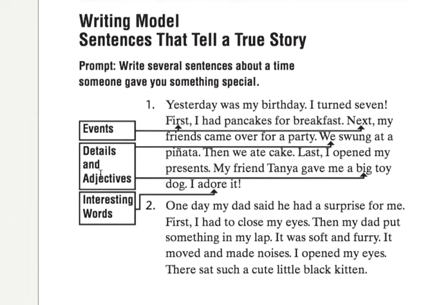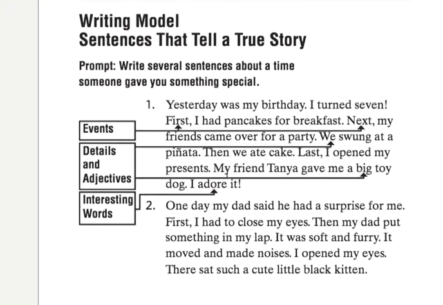Details and adjectives. So we want to know, are we told a little bit of extra information in a sentence? Next, my friend came over for a party. We swung at a piñata. So that's a detail right there because it told what they did at the party. Then we ate cake. That also tells what they did.